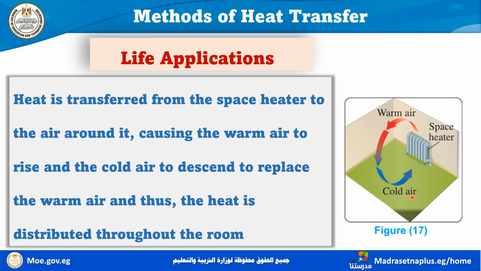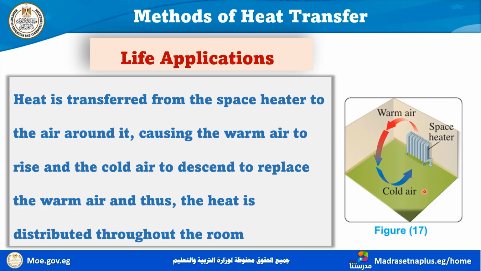So the same happens here with air particles. The space heater heats the air particles. This will make the warm air less dense than the cold air. So the warm air rises up and is replaced by the cold air particles that fall down. And so the space heater will heat up the cold air once again.